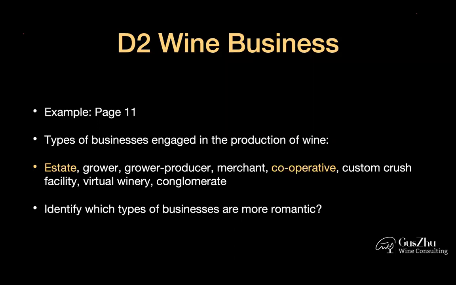It's certainly, when you learn Diploma, not about identifying which types of business are more romantic, okay? If at the Diploma level you still think that estates always produce better wines than cooperatives, you should really learn and think with good logic. All right, so let's decode that.